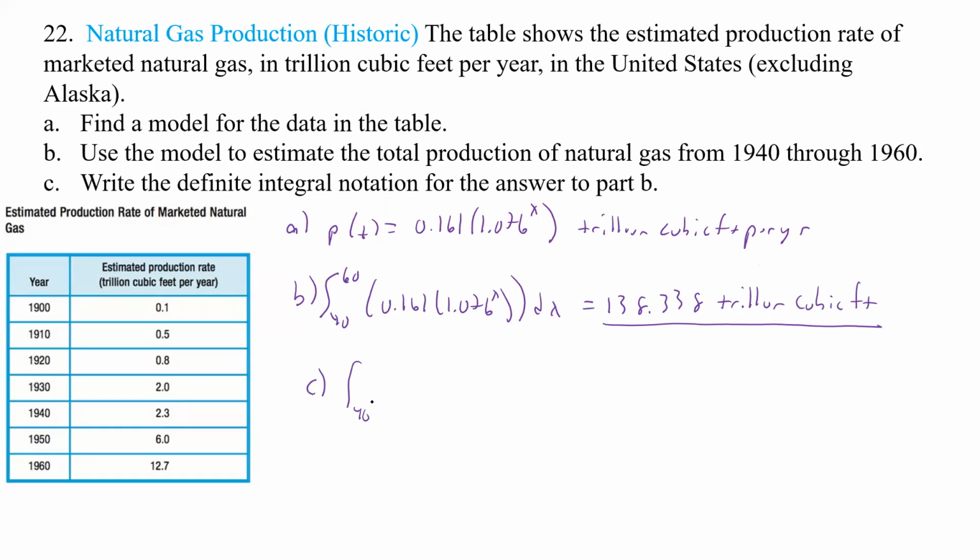We went from 40 to 60 of 0.161 times 1.076 to the x, dx, and that's our integral notation. Although we had t's, we switched it to x's because our calculator said x. Maybe we should just switch that to x, and then we're good. So that was a fairly simple question, and we just had to figure out the equation to use there.